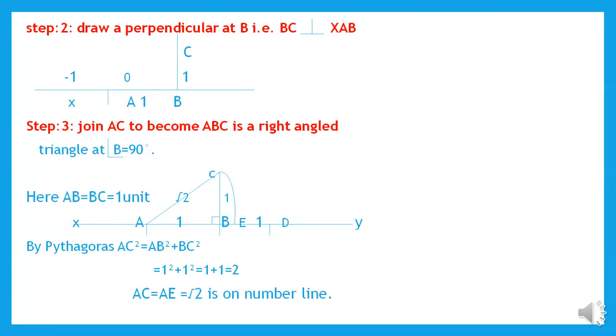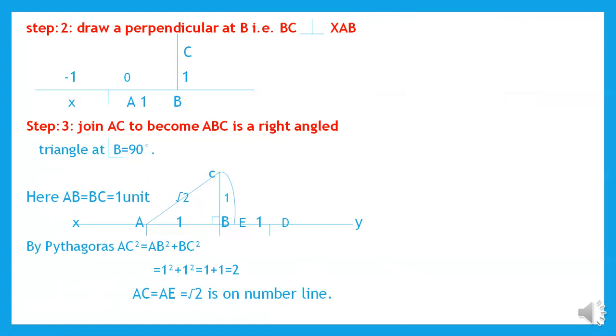Now here AB and BC are 1 unit measurements. It means the measurement of the sides AB and BC are 1 unit. So observe the diagram. Now apply the Pythagoras statement for right angle triangle ABC. According to Pythagoras, the square on the hypotenuse is equal to the sum of the squares of the other two sides in a right angle triangle.